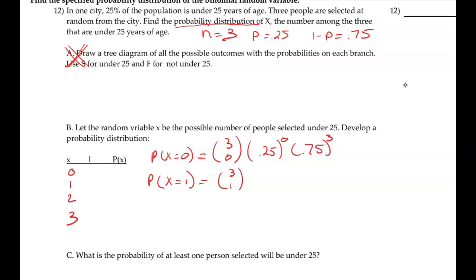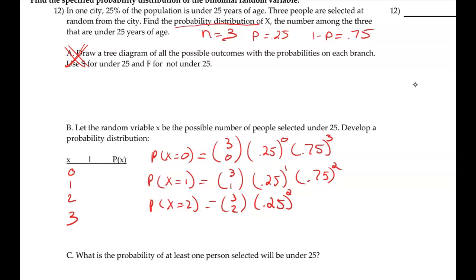3 choose 1. Now I am looking at one success, and if I have one of them under 25, that means the other two, that's n minus x, 3 minus 1, are over 25. Now I do it for x equaling 2. 3 choose 2.